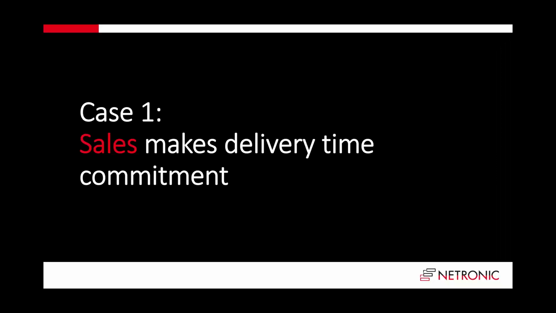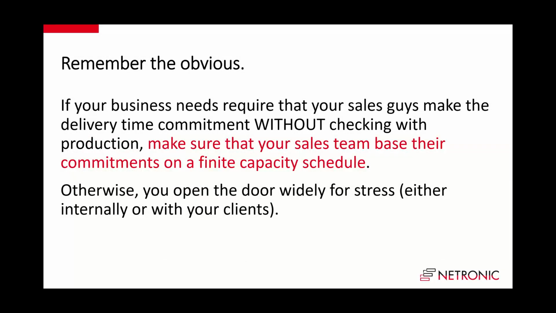So let's look into the first case, where sales makes the delivery time commitment. And when I look at Business Central, I think there are two options of how we can actually deal with this situation, where we have salespeople who have a customer on the call, who is inquiring about something, and then they need to give a delivery time commitment.